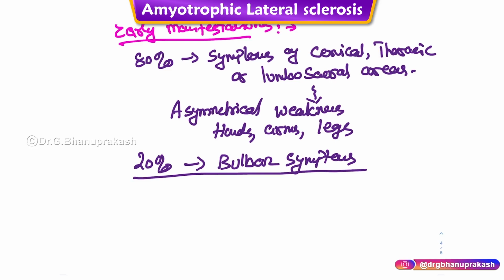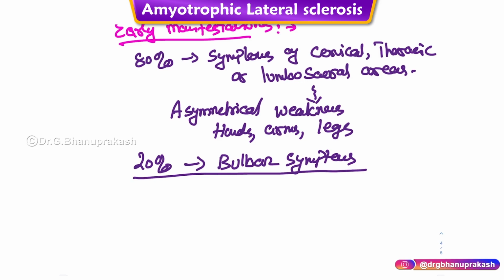If any patient has bulbar manifestation as the initial symptom, then we call it bulbar onset ALS. This condition primarily manifests with dysarthria and dysphagia because of the effect on the bulbar musculature.